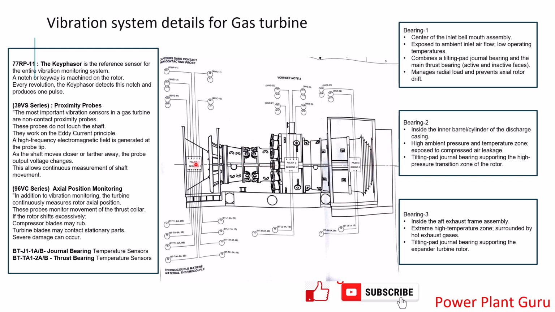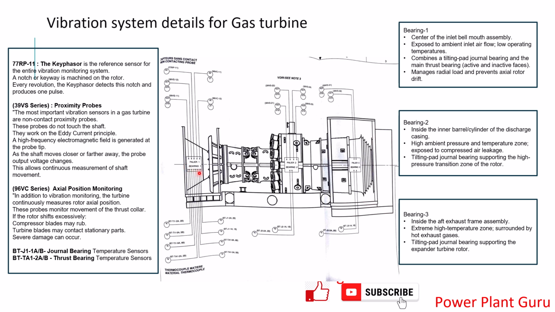Here is bearing 1, bearing 2, and bearing 3. Bearing 1 is at the center line at the inlet bell mouth, and it is very close in contact with the fresh air, so operating temperatures are comparatively low.